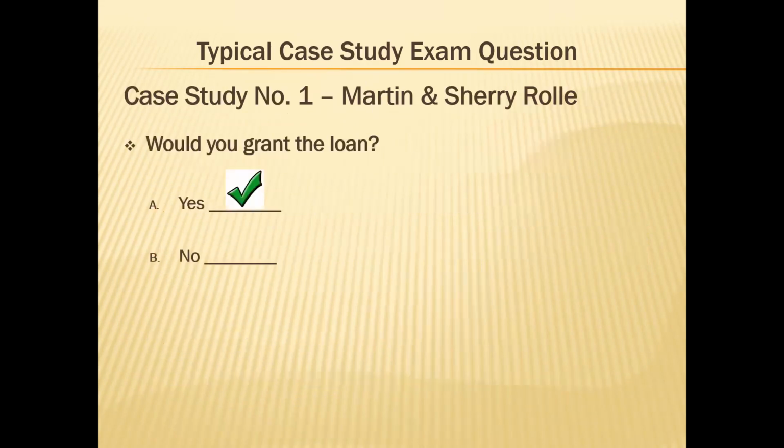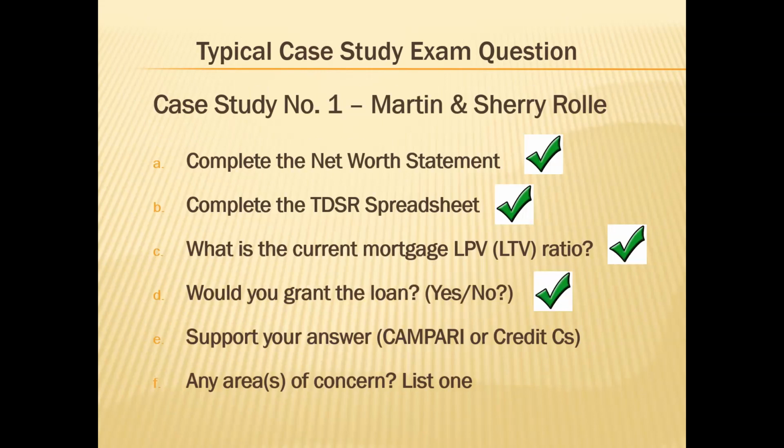So we said yes, we would grant a loan to the Rolls. It's one thing to say that you would grant a loan or not grant the loan. You have to support your answer, whether it's a yes or no. If it's a yes, why you would grant it. If it's no, why you would decline it.